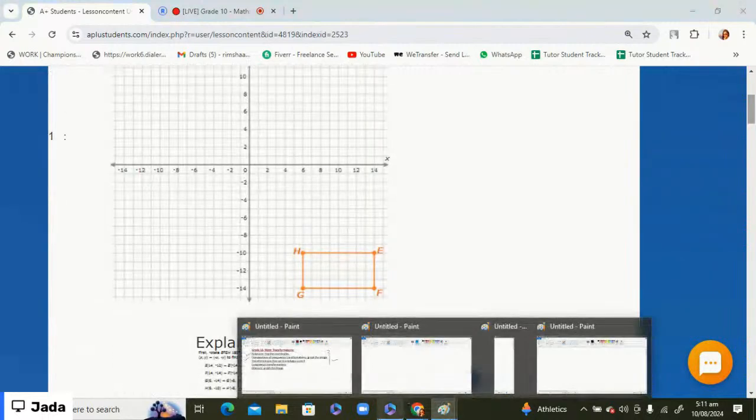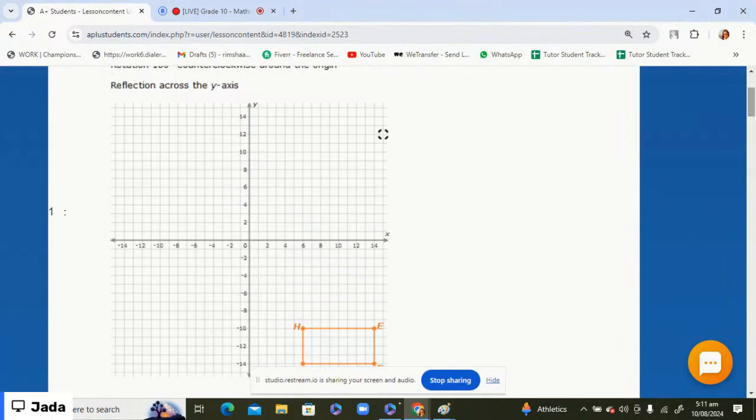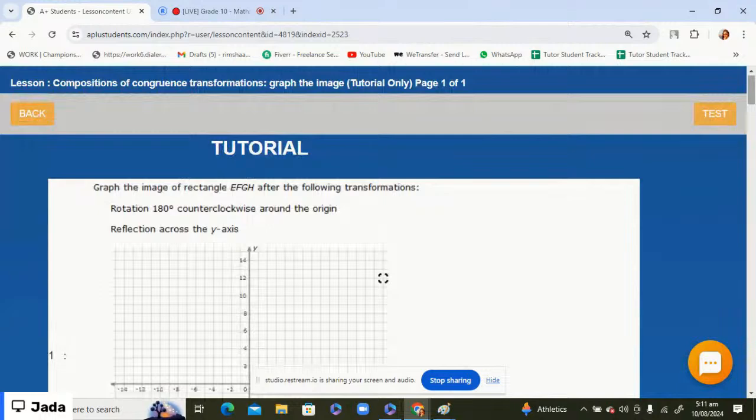Like for example, we take a proper example here and then we will solve it by using this one. Okay, I'm just going to put some question. So rotation 180-degree counterclockwise around the origin for the rectangle.